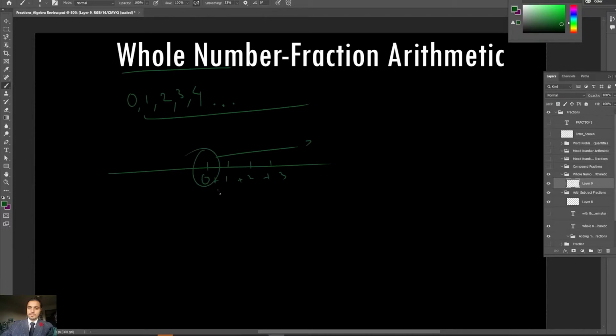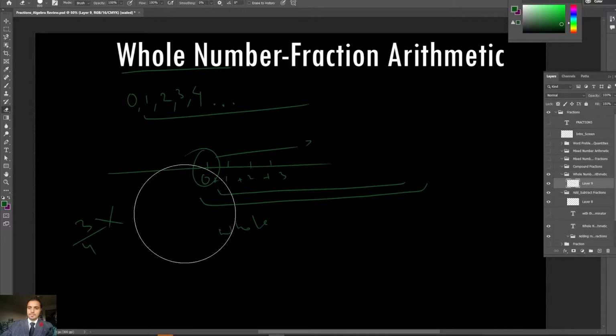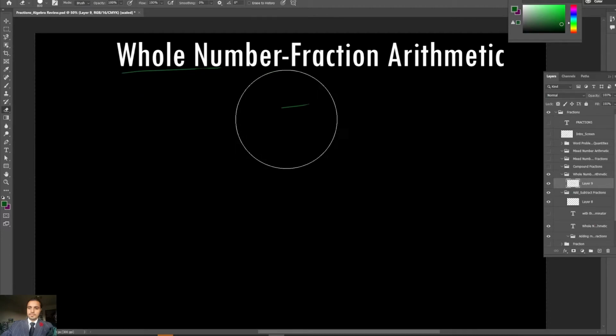Natural numbers do not include 0. They only include the positive numbers. All the positive integers are also natural numbers, but all the positive integers plus 0 is called a whole number. But remember, a fraction is not a whole number. 3 over 4 is not a whole number, all right? Anyways, that's what a whole number is.